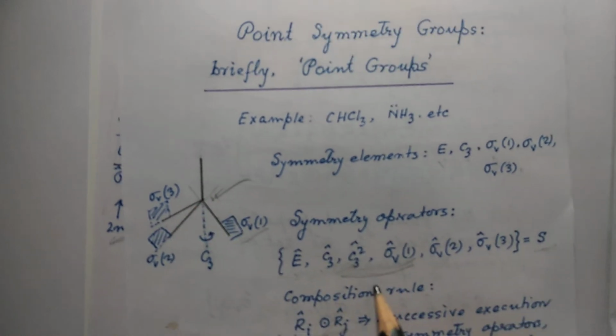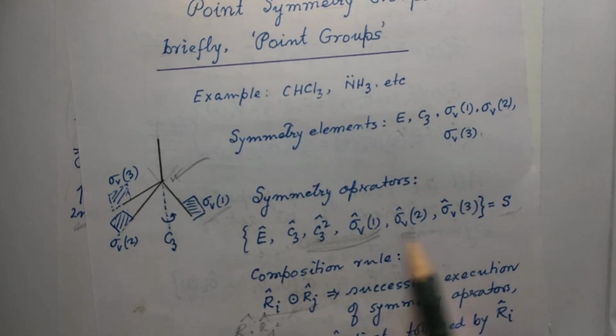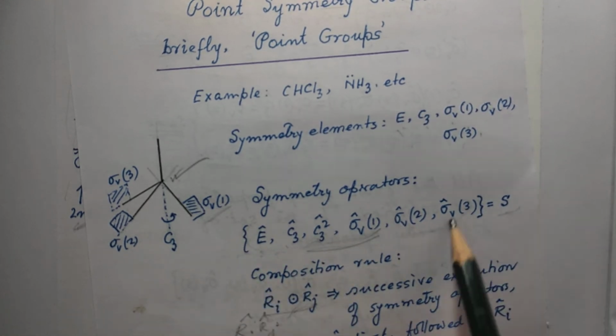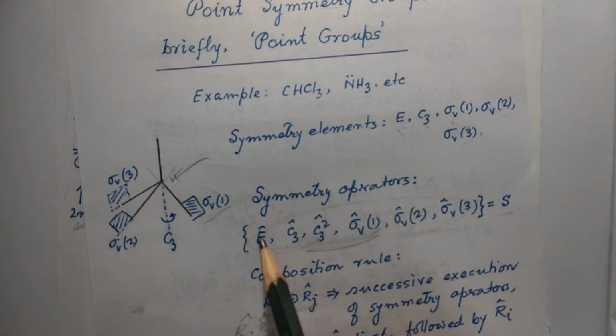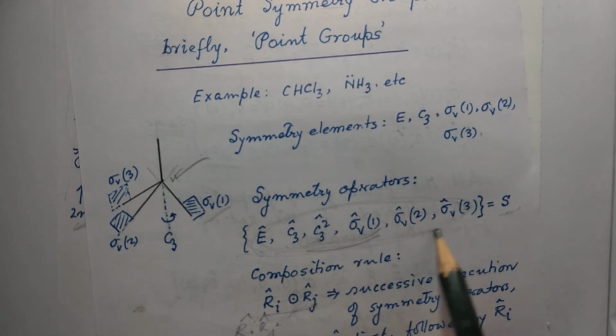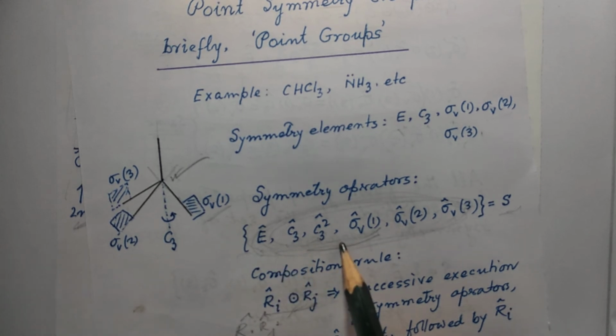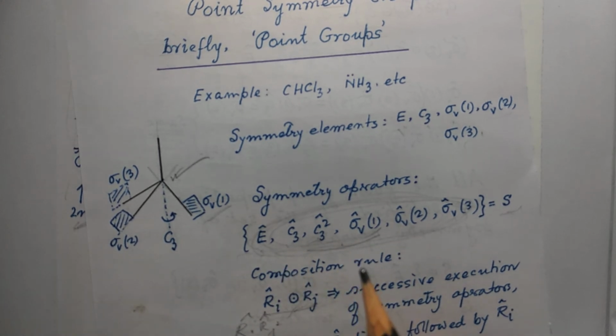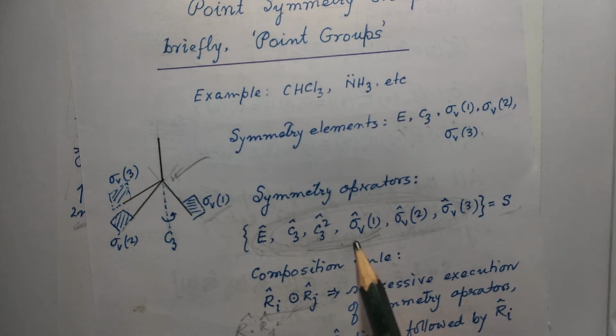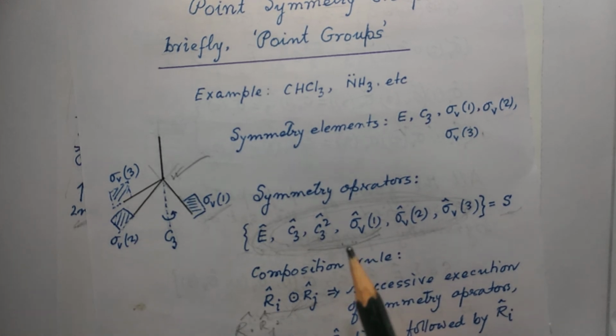Therefore, these are point symmetry operations, and their collection, because they satisfy the group properties, will be called a point symmetry group or simply a point group.